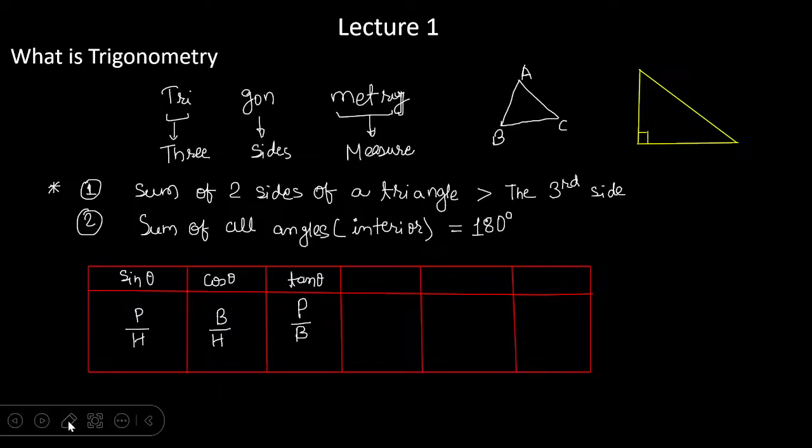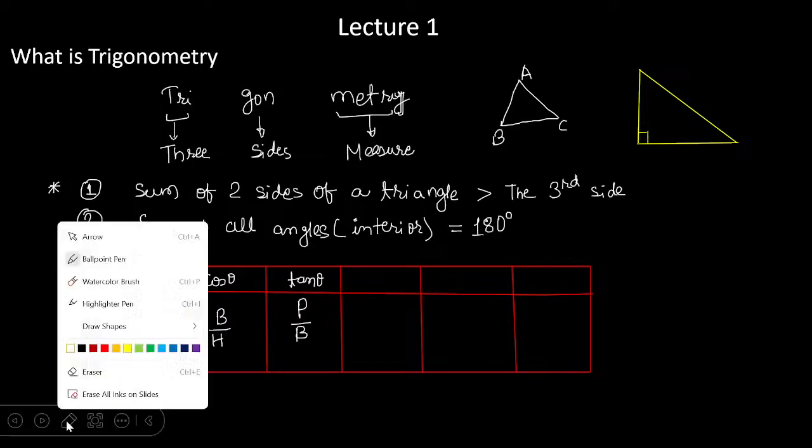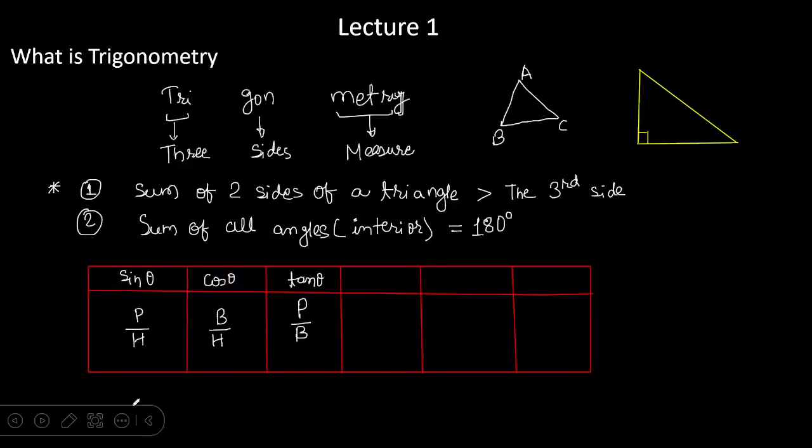This is perpendicular, this is hypotenuse, this is base. Sec theta is the inverse of cos theta, which is hypotenuse upon base.